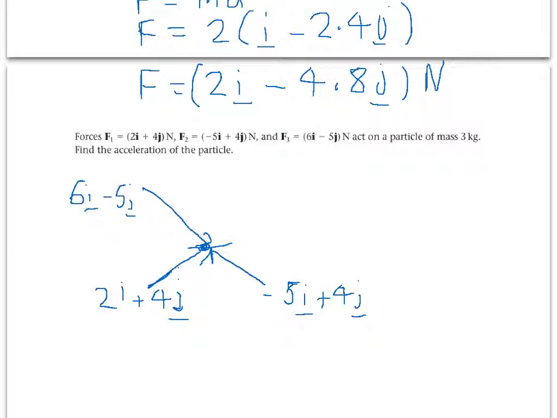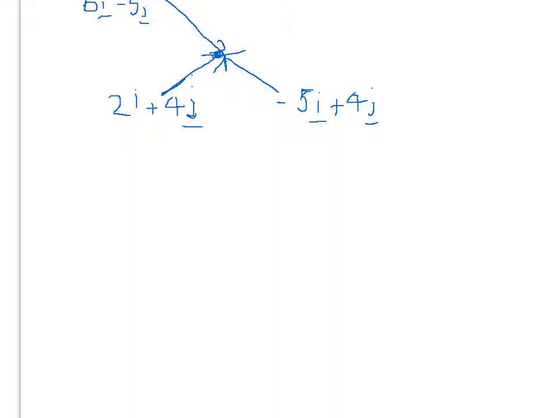and then use the equation F equals ma. So what we're actually doing in this question is F1 plus F2 plus F3 is equal to mass times acceleration.